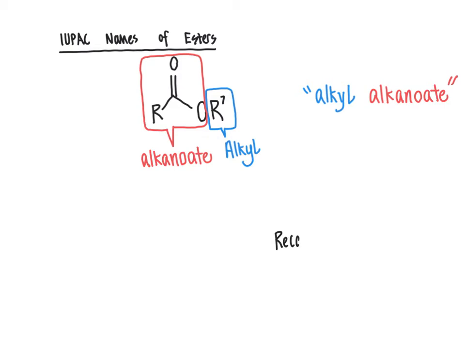Now for some of you, this term alkanoate may sound familiar because we have seen that alkanoate term before. The place we saw it before was when we named carboxylic acid salts. When we named carboxylic acid salts, we named those as metal alkanoates.